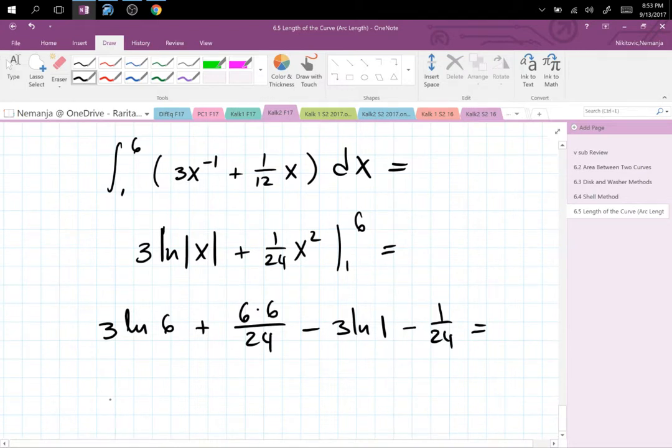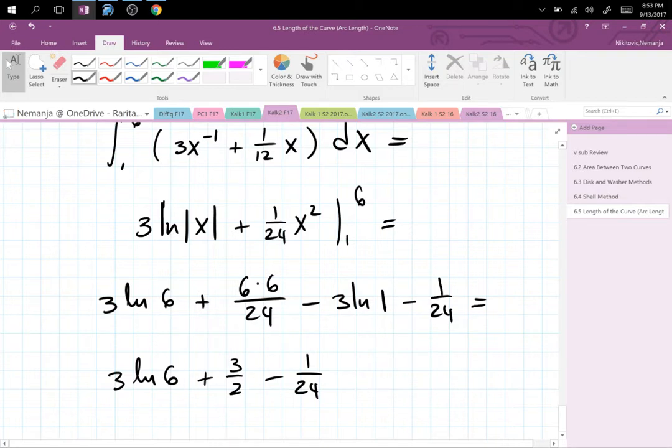So 3 ln 6, there's nothing you can do about that, so 3 ln 6 stays 3 ln 6. Over here is 3/2, because you're canceling by 12. So plus 3/2. Ln of 1 is 0, so that term dies, and you have minus 1/24.